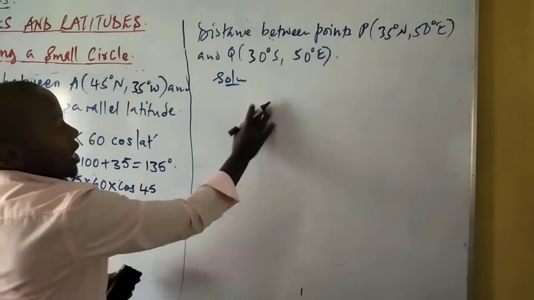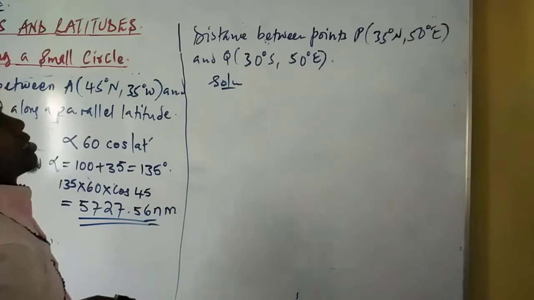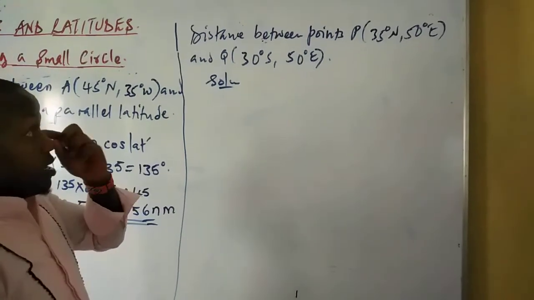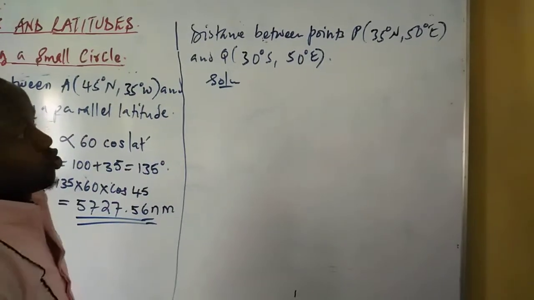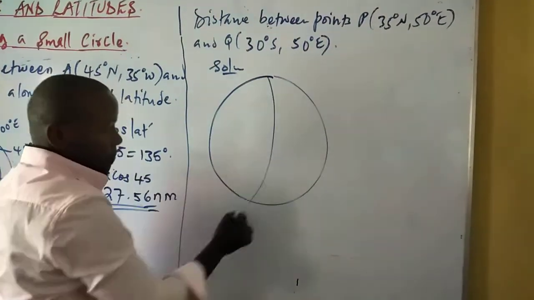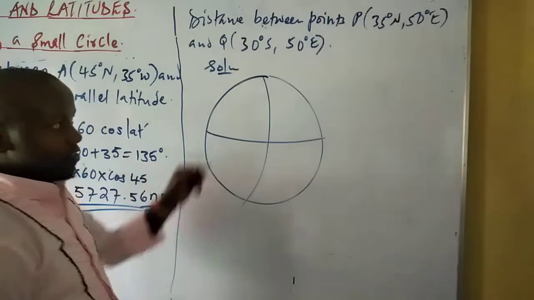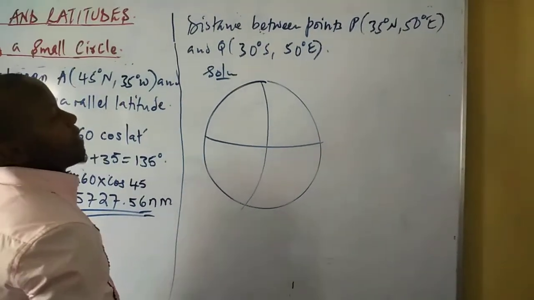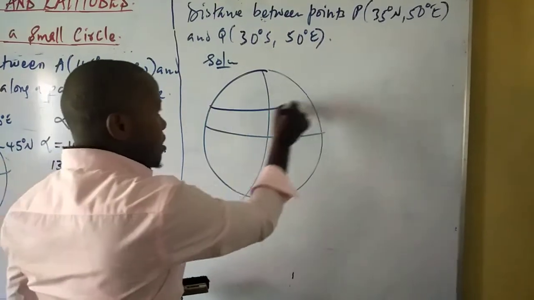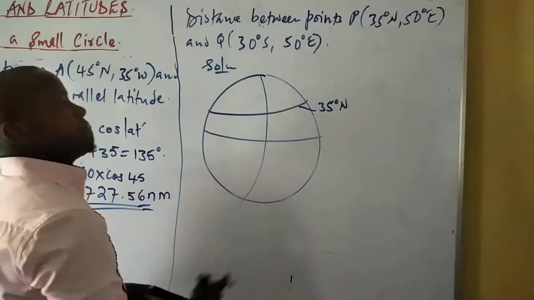Solution. We can very fast come up with a sketch of the two places. With the globe like this, 0 degrees equator, 0 degrees prime meridian, 35 north, and 50 east.